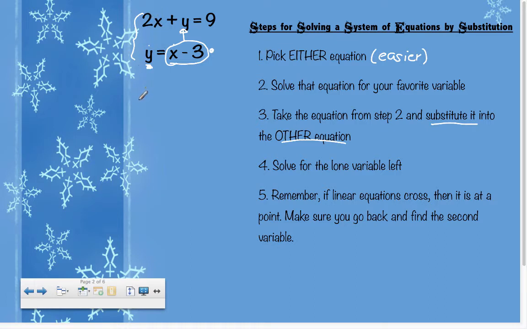If I rewrite that first equation, it's 2x plus, and then every time I see a y, I'm replacing it with x minus 3. There, I substituted. I solve for the lone variable that's left, that being my x.